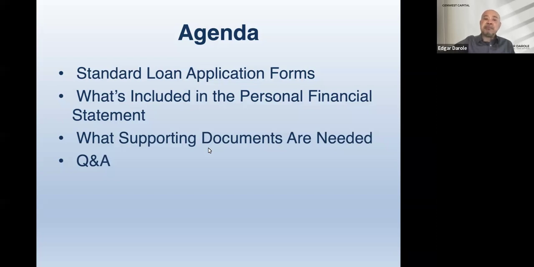Let me give you an example. This was a while back. I was assisting a small manufacturing company that had a solid business model and strong revenues, but their loan application was initially rejected. Why? Well, they submitted outdated financials, omitted key liabilities from their personal financial statement, and didn't include documentation for business licenses and applications.